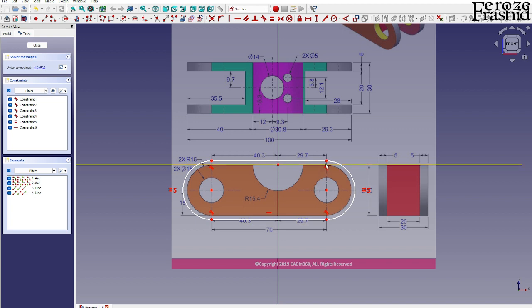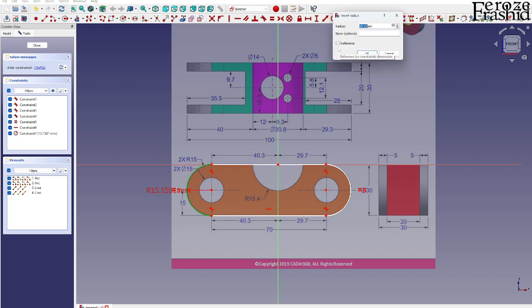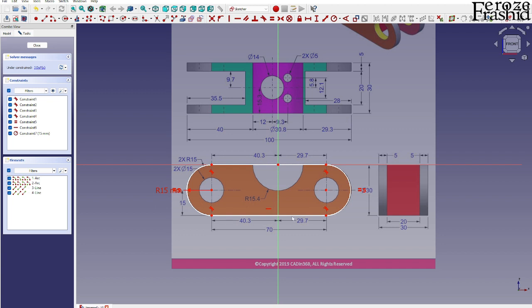So we will just build the whole thing. This is radius 15 and this length is 70, and then I'll go ahead and trim it right now.